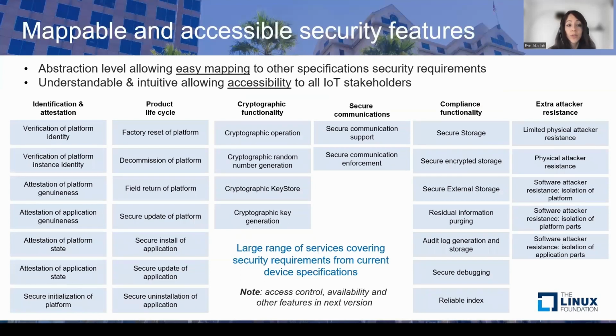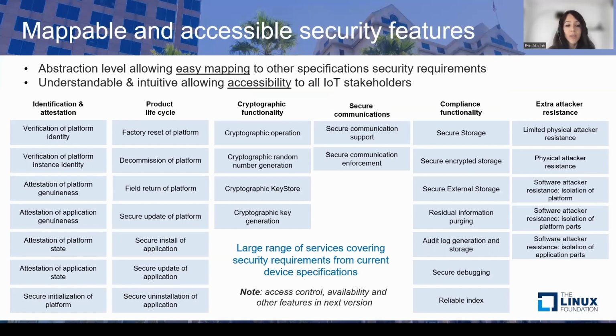Now, this reusability is thanks to the mappability of the external security requirements to the SESIP environment and vice versa. And this is possible thanks to the definition of a catalog of security requirements for connected platforms at an abstraction level, allowing this easy mapping to any external specification.